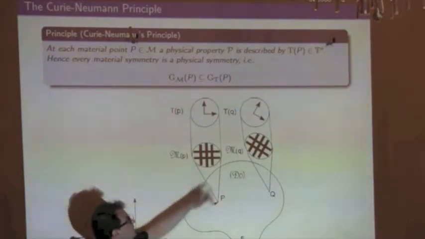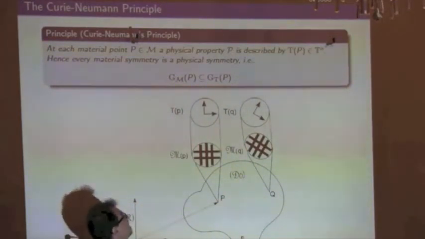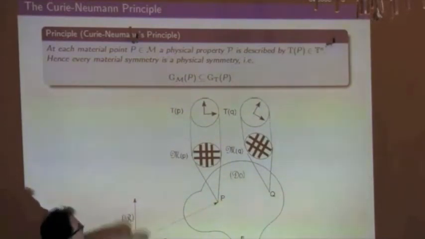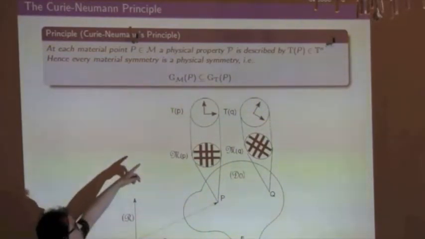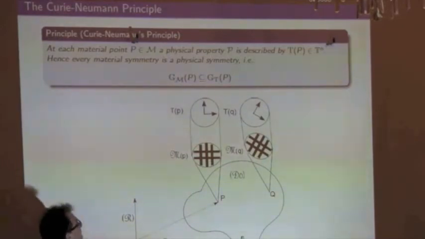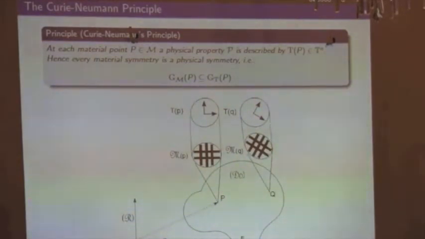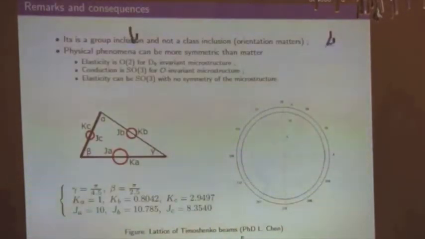So here, since I have that D4, in fact, to speak in the language of groups, the symmetry class here is D4. We can see that the physical property I tried to graphically represent is also D4 invariant. But it can be more symmetrical.